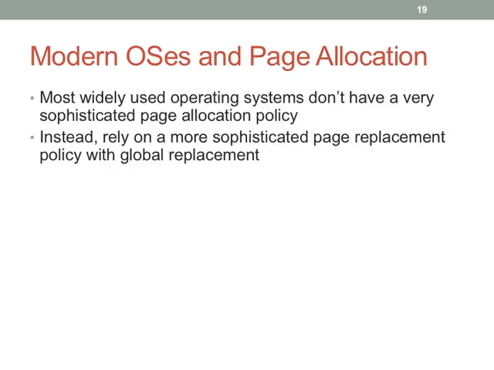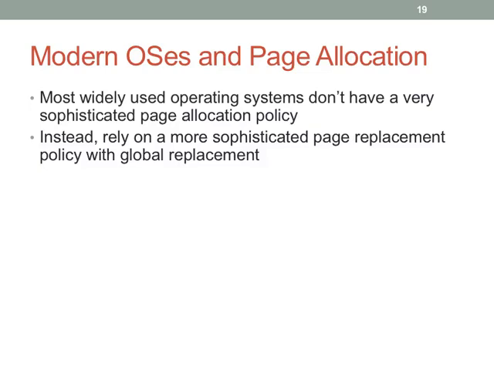Okay, just to give you a quick description of how modern OSes that we use these days work. This is basically a description of how Windows and Linux handle page allocation and page replacement. So basically they rely on a pretty sophisticated page eviction policy.